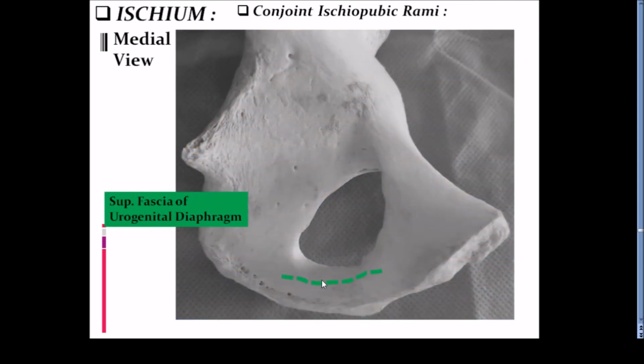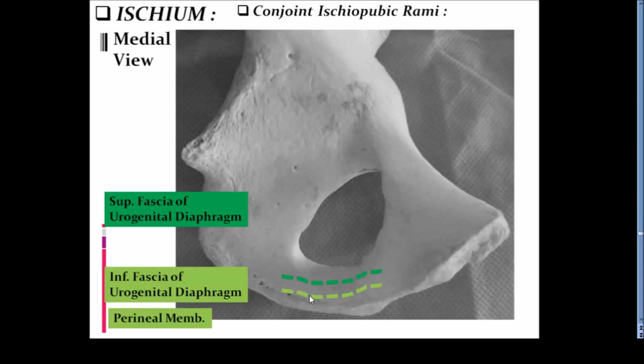Suppose this is the upper ridge and this is the lower ridge. So these two ridges divide the inner surface into three areas, upper, intermediate and lower. This upper ridge gives attachment to the superior fascia of urogenital diaphragm, and this lower ridge gives attachment to the inferior fascia of urogenital diaphragm or perineal membrane.